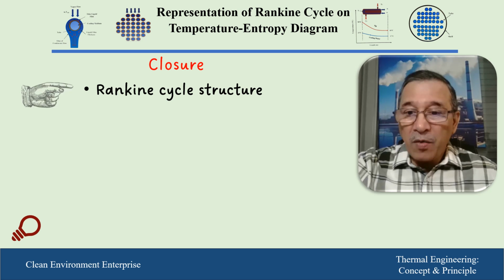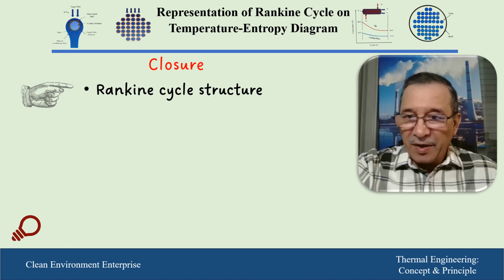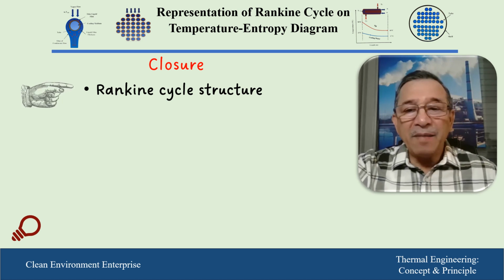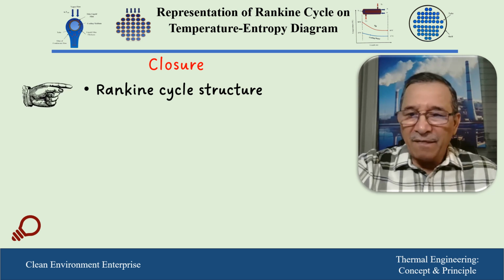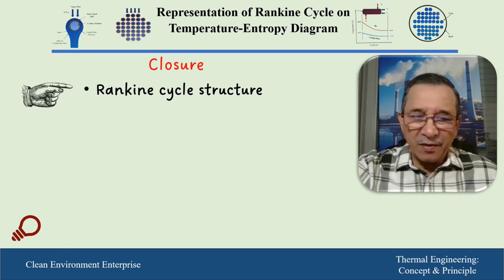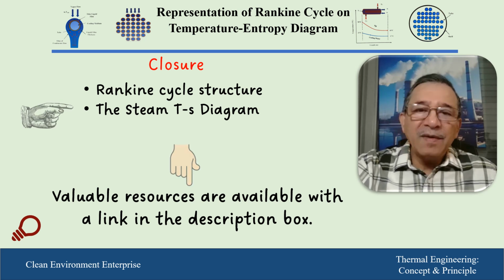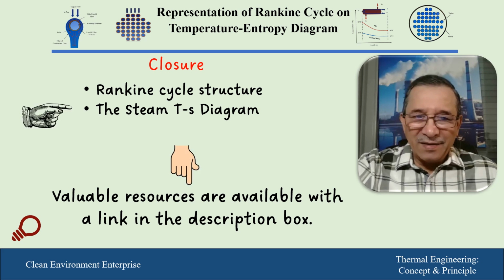It could be more complex by adding a water preheater to improve the thermal efficiency of the plant as well, and it can be added to the same graph which we have described in the previous part of this episode. Then we moved to the TS diagram, as we have described all the processes in the four components: boiler, turbine, condenser, and the pump.